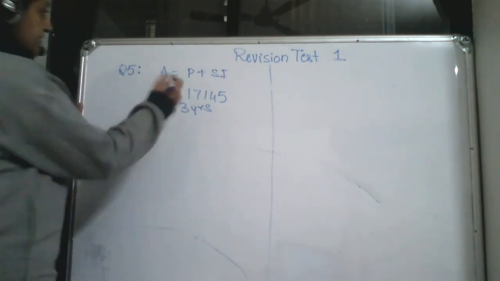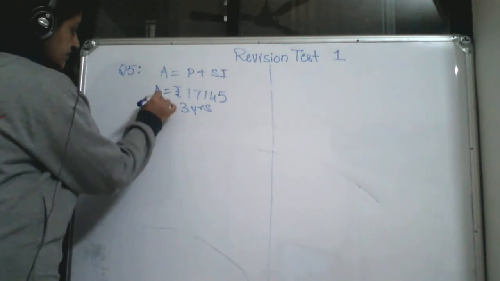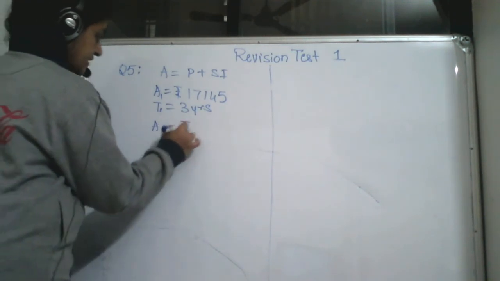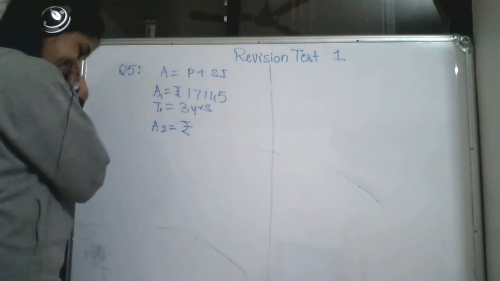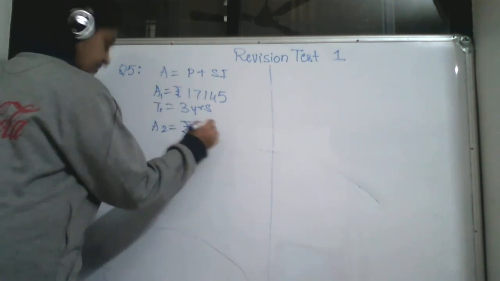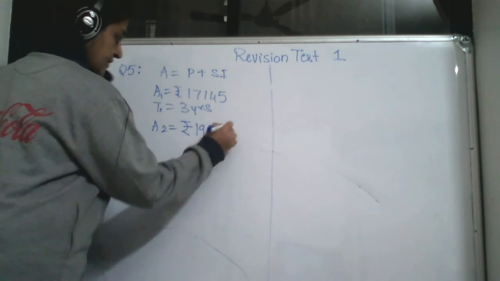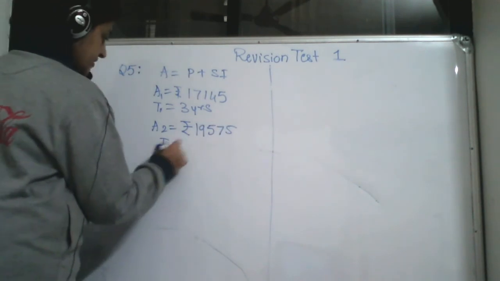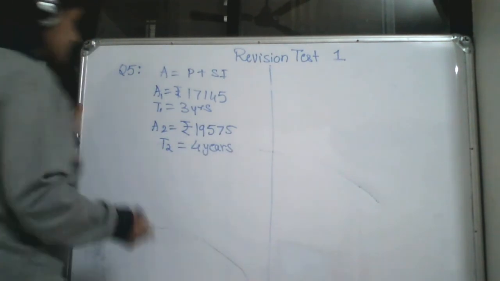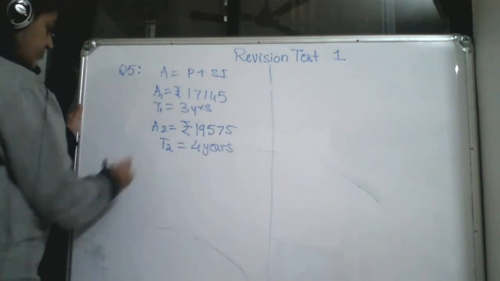Okay, now what is the second situation we have? This is A1, T1 we can write. A2 is given as rupees 19,575 and T2, that is time period 2, is 4 years. Okay, in such cases what can we do? Let us write for A1.